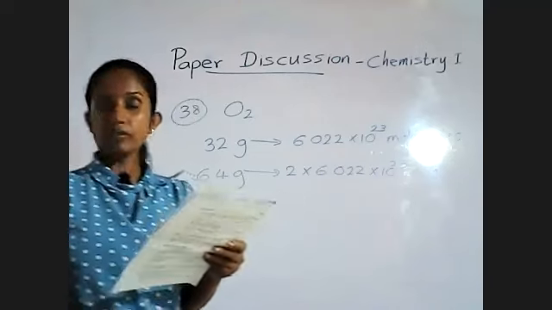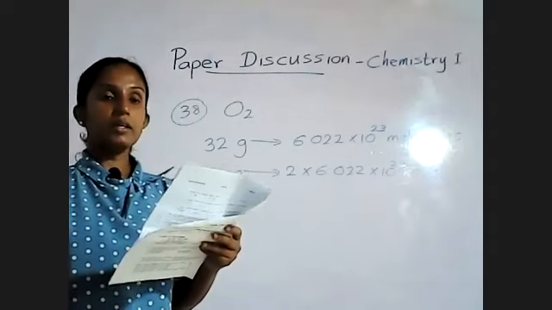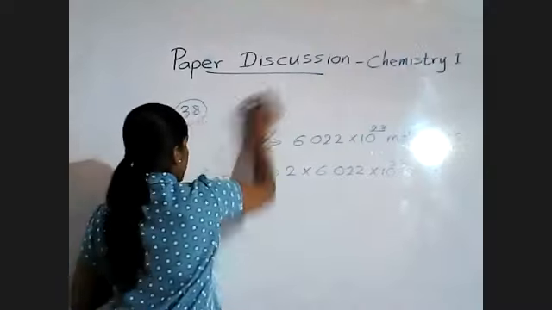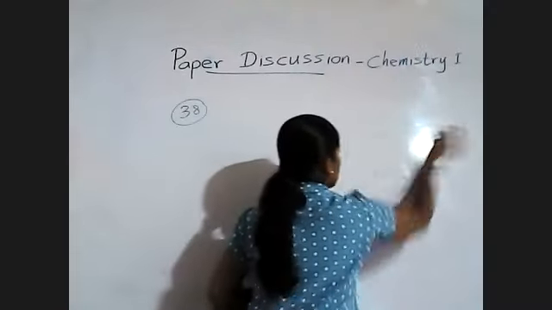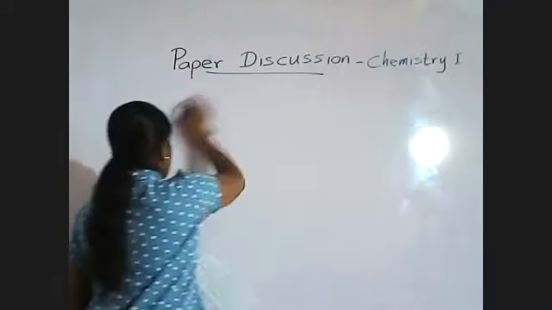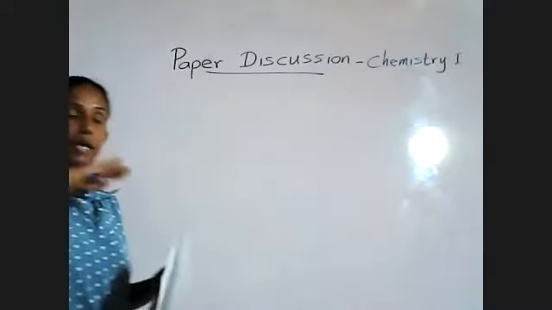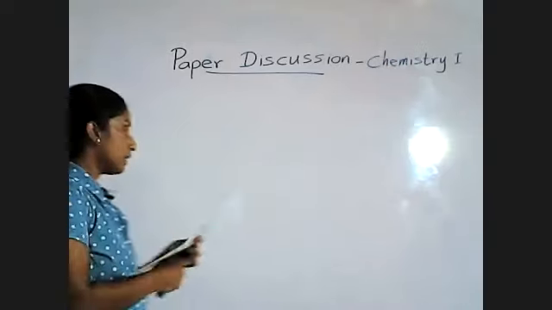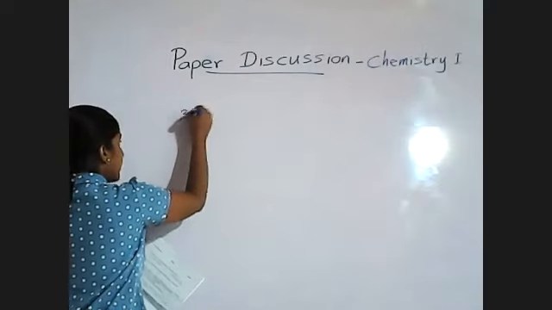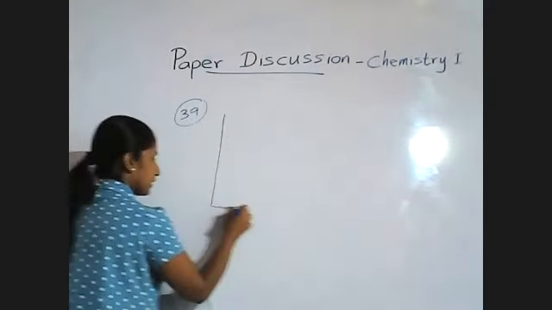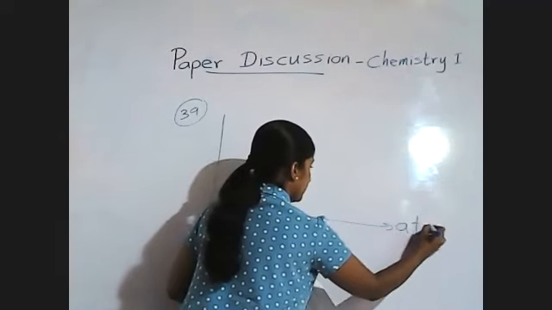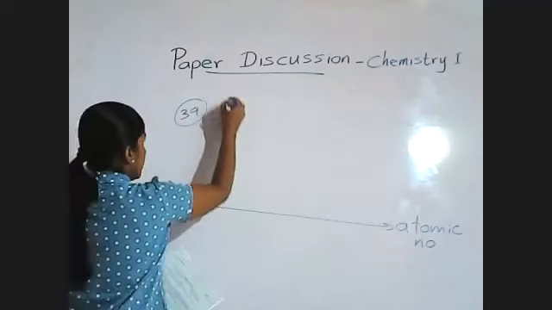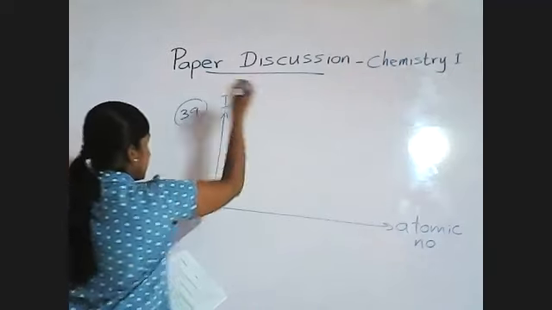Yes, you have to remember the rough sketch of the ionization energy. When we consider one period, normally we say the first ionization energy gradually increases along a period, but there are two gaps. This is atomic number and the ionization energy.